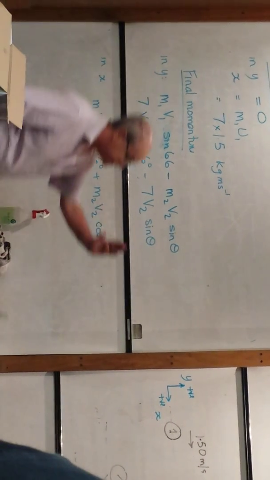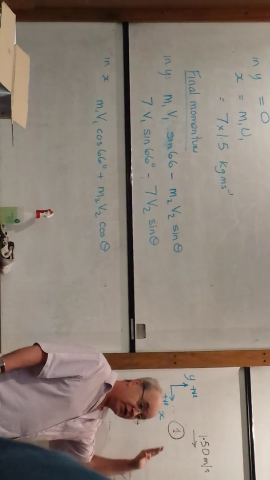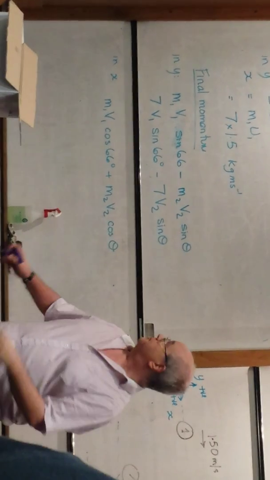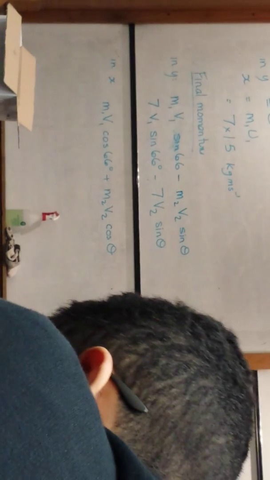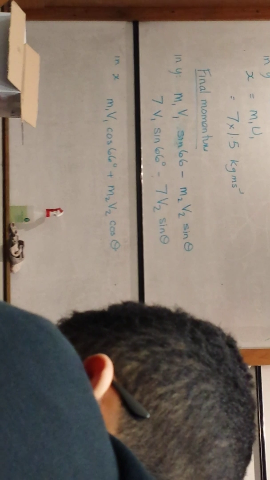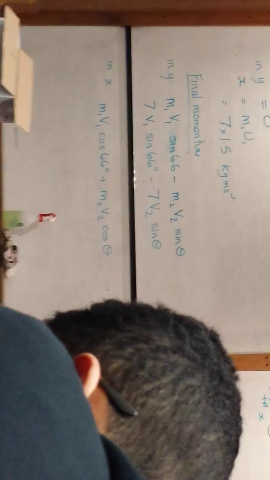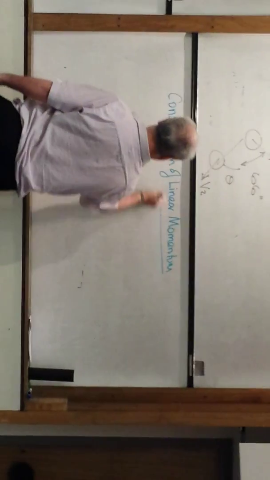So all I've done there is resolve the velocities, hence the momentum in that direction, and resolve the velocities, hence the momentum in that direction, for the final. Now I'm going to use conservation of linear momentum.